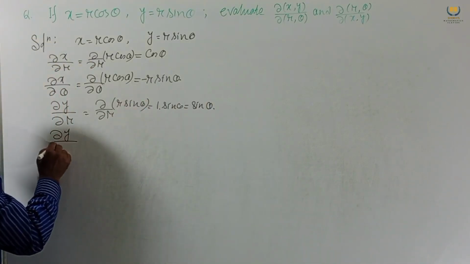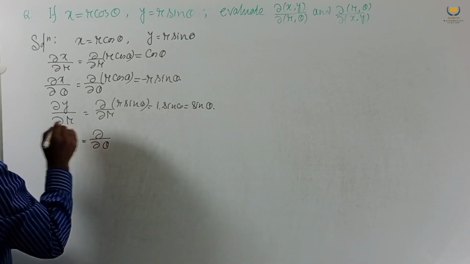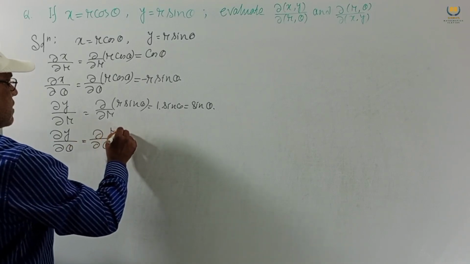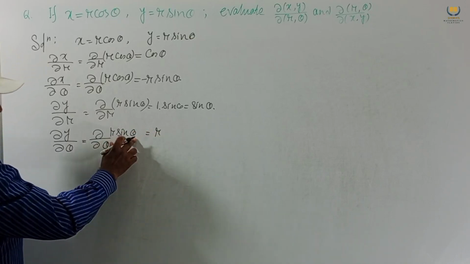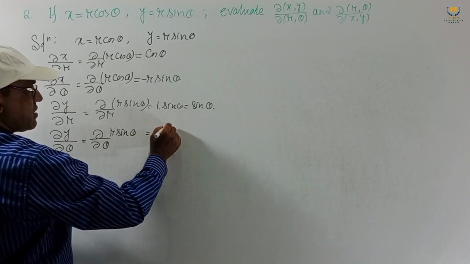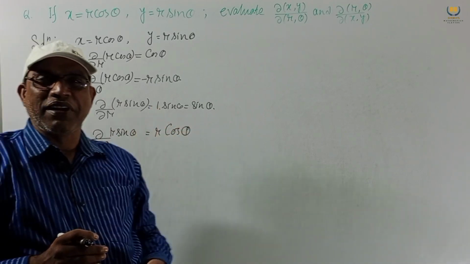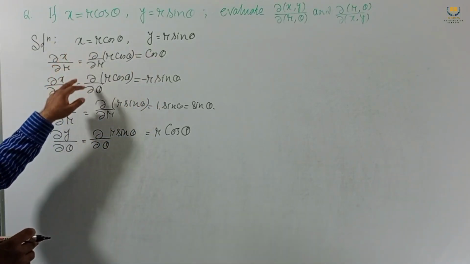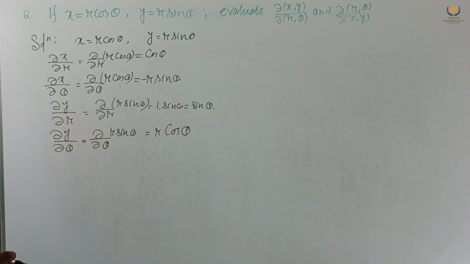Del y del theta, del theta of r sin theta. R is outside, then we differentiate with respect to theta. Del theta of sin theta means cos theta. We get these values of del x del r, del x del theta, del y del r, del y del theta.